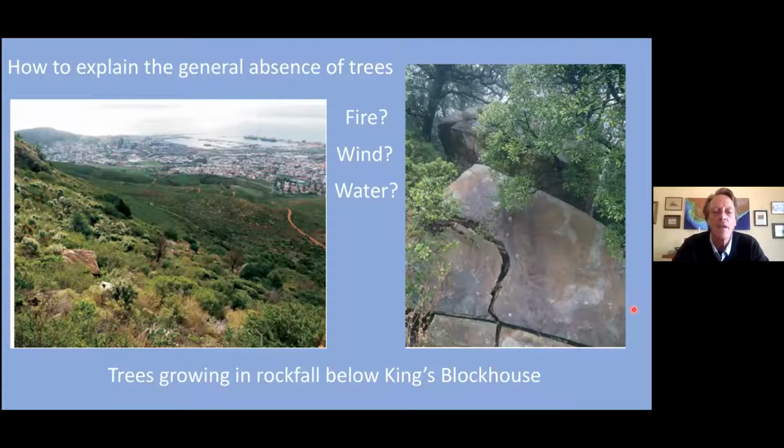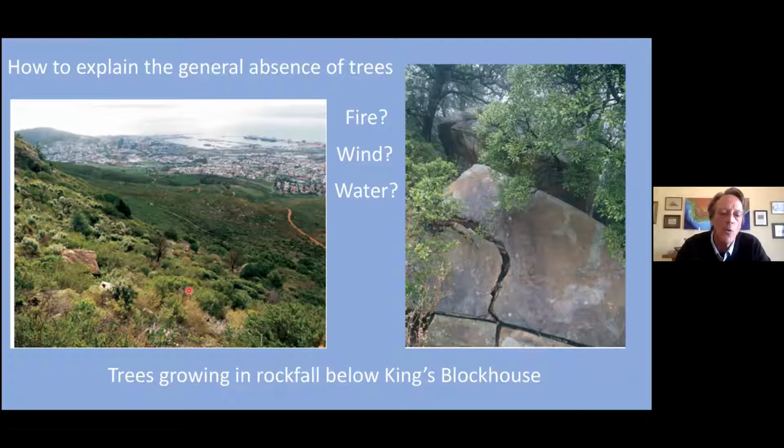But it's interesting, in the book I discuss this example about 100 meters west of the King's Blockhouse on the contour path. You'll run into a very large rock fall. I don't know how well you can see it on this picture on the left, but you'll see large blocks of rock that have piled up on the slope.